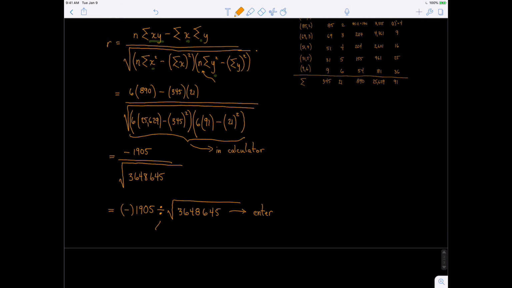When you do that, you will come up with negative 0.997. Whoa, that's very, very close to negative 1.